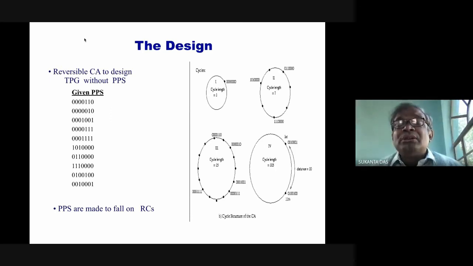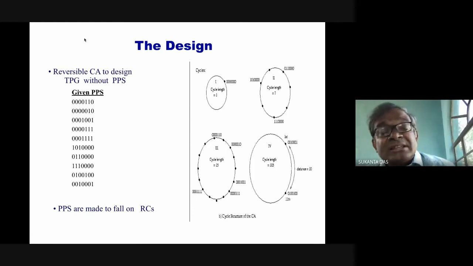You know that in the cycle there is no prohibited pattern, so you can use those patterns to test your circuit. There's no problem. Since the prohibited patterns are in different cycles, you will never reach those patterns. This is the property of reversible cellular automata.